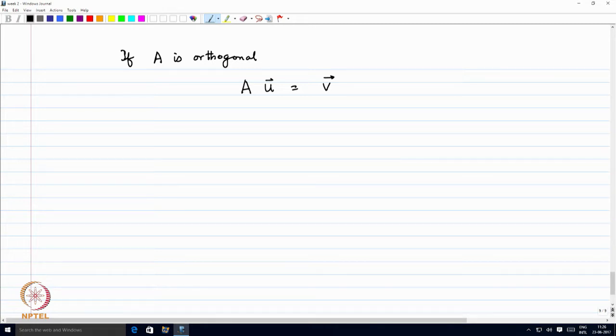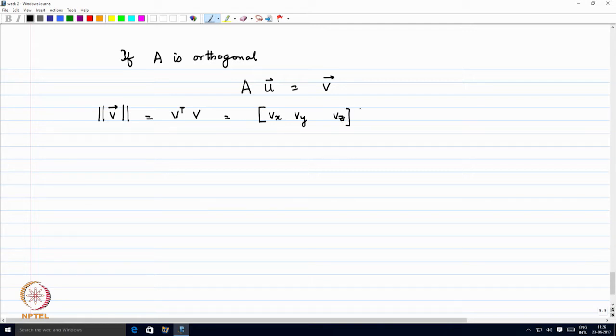Now the norm of V I can write as V transpose V. V transpose is given by V x, V y, V z.